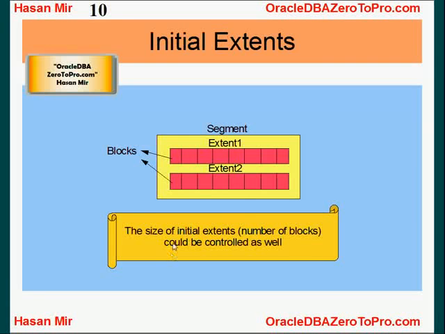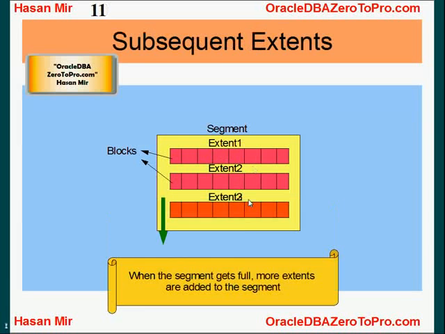Not only can you control the number of extents initially dedicated to the segment, you can also control the size of the initial extent. Size of an extent simply means how many blocks that extent would have within it. When the table gets full, more extents need to be added to the segment.